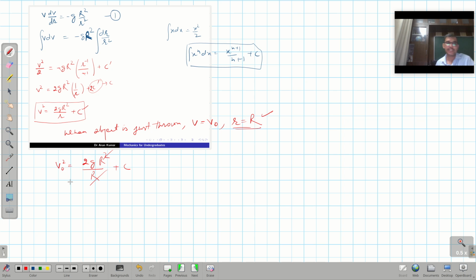So that means this c is equal to, from here v naught square, this goes to this side, so it is minus 2gR. So this is the value of c which we are getting from here.